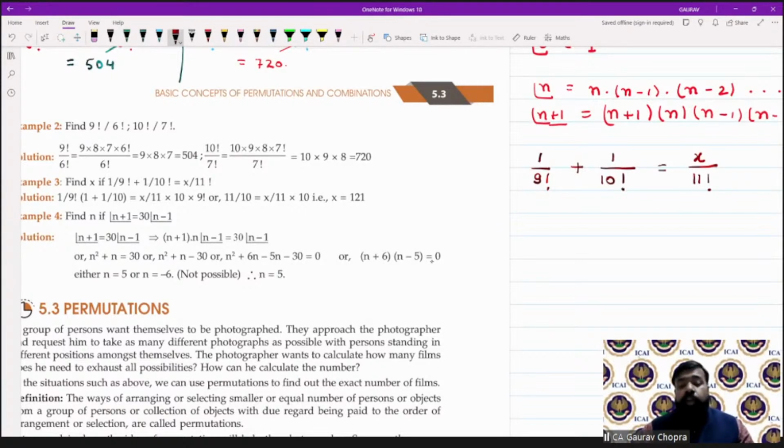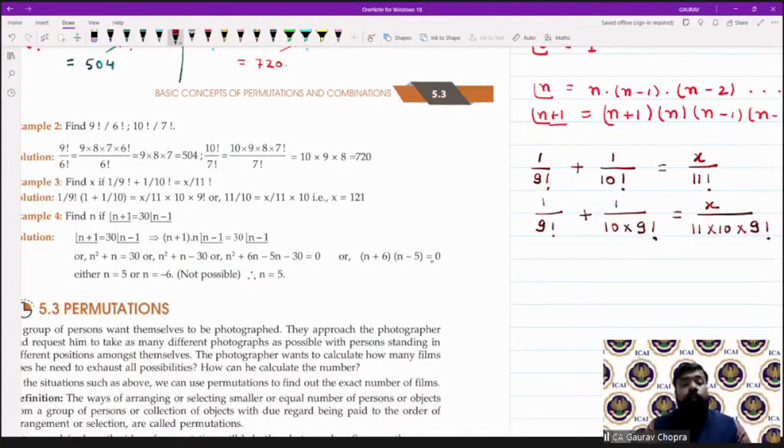First of all, see what is common between all of them. 9 factorial is the smallest factorial, that means 9 factorial will be common among all. So we can easily write them as 1 upon 9 factorial plus 1 upon 10 into 9 factorial is equal to x upon 11 into 10 into 9 factorial.